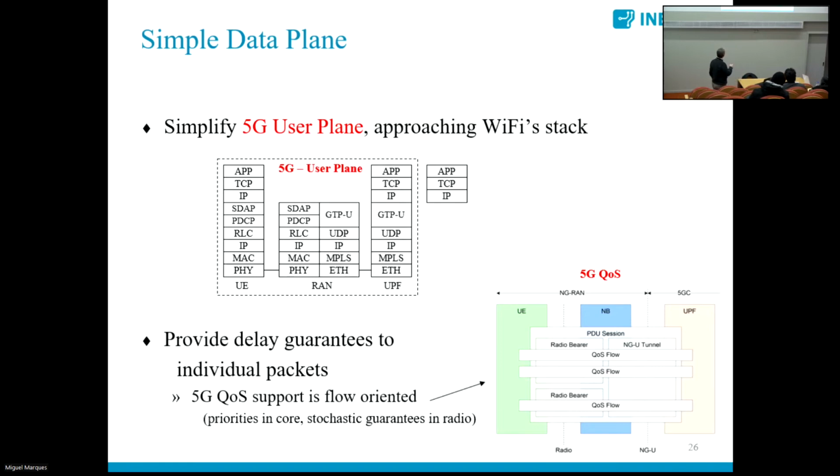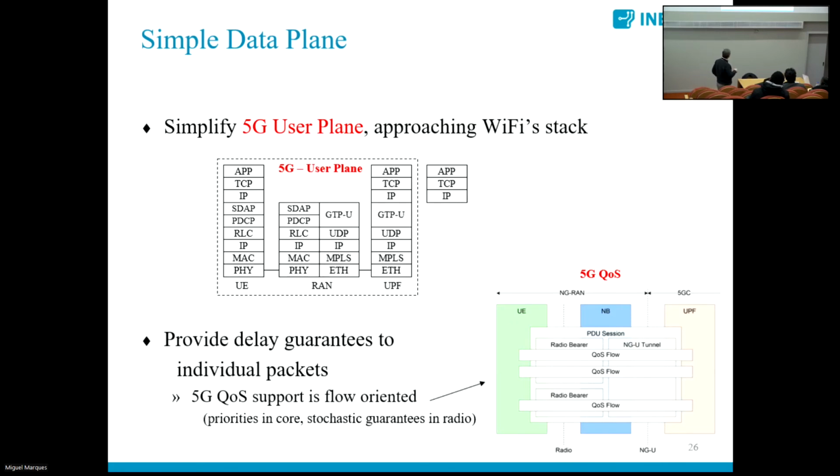And for instance, this is the communication stack that you have at your 5G mobile phone. And we should be able to reduce this complexity and very probably we should do something so that we can approach it to the standard TCP/IP stack that is, for instance, implemented on the Wi-Fi stack, and this is something that needs to be done. Of course, there are reasons for things being like that, and most of them are business reasons, so that markets can be protected. But this is something that needs to be done.